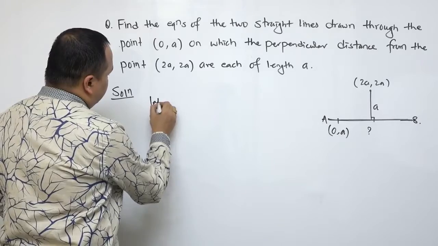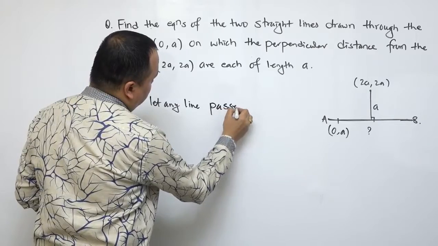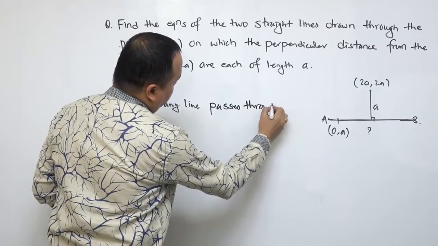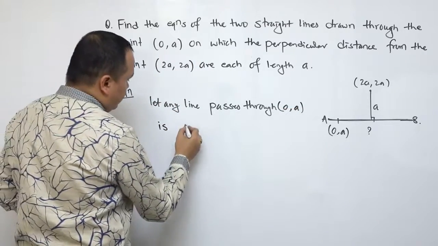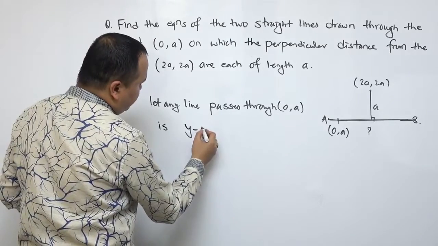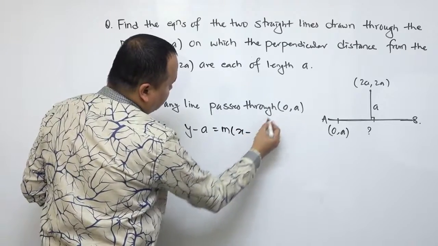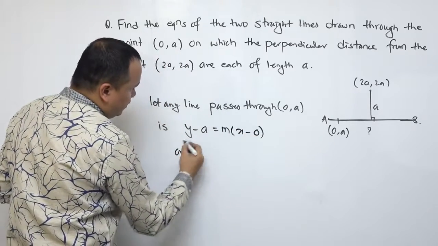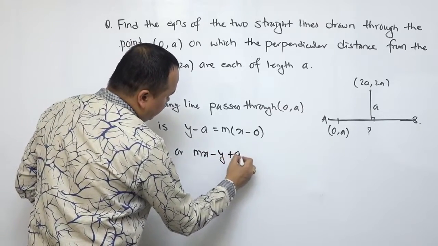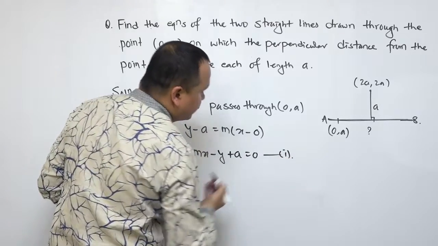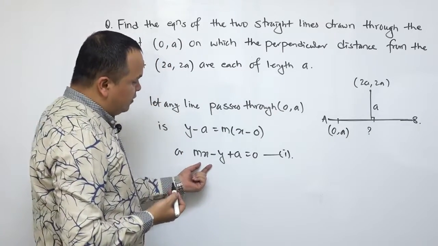Let any line passing through (0, a) be y minus y1, which is a, is equal to m times x minus x1, this is 0, or mx minus y plus a is equal to 0, equation I. That is, the equation of AB is mx minus y plus a is equal to 0.